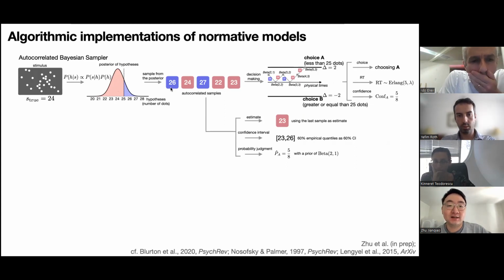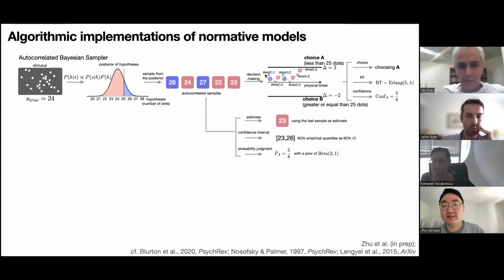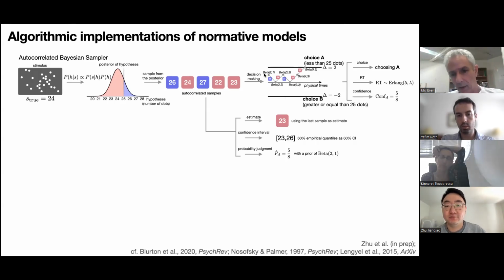All the blue samples are supporting choice B, and all the red samples are supporting choice A. And they're going through this evidence accumulation process, but it's also a Bayesian inference process. As you can see here, we are assuming people have some prior belief on what could be the correct choice here.